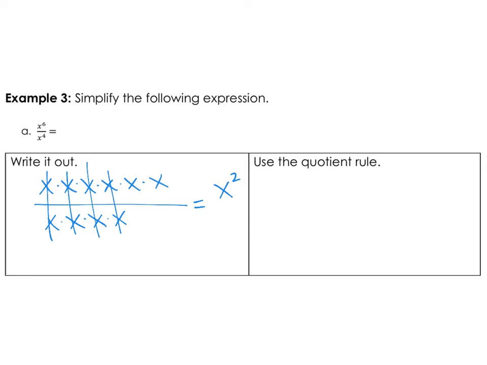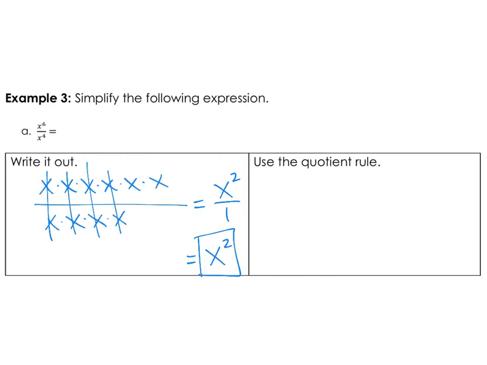And there was nothing left on the bottom of my fraction, which we could represent as divided by 1, which in this situation, I really don't need to show, so I'm just going to leave it as x squared. Now, you could also use a rule with this. If you notice, we had a 6 and a 4, and it became 2.